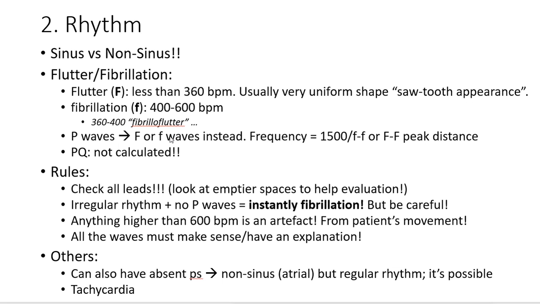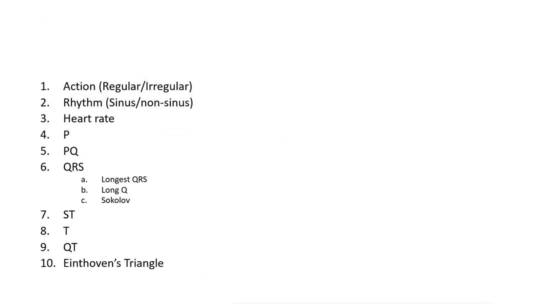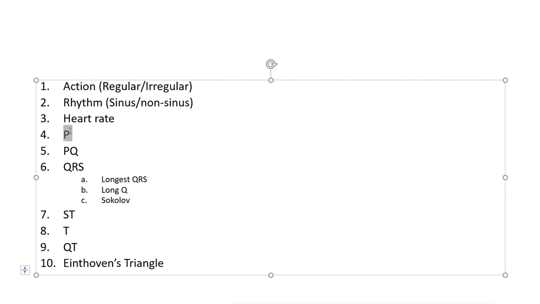Onwards, the one thing I really wanted to highlight, which is quite important, is the PQ interval. We know along these 10 points that you're going to be going through: action, rhythm, heart rate, and the P wave, which is going to be the F wave here, of course. This is the point where you say regular or irregular.